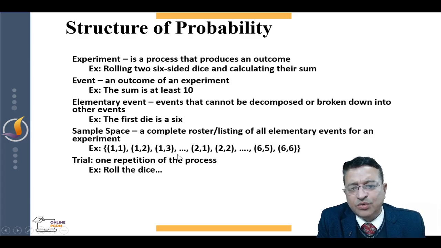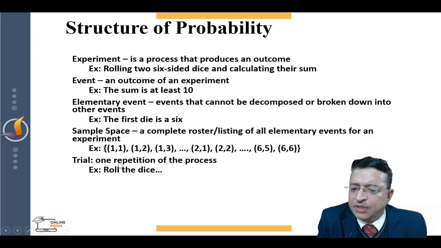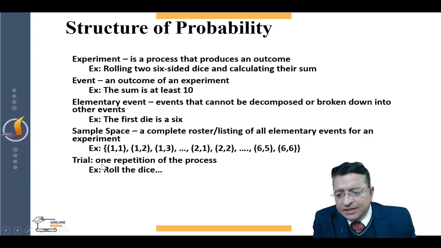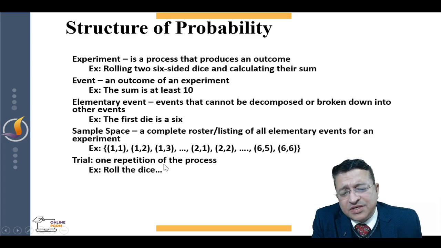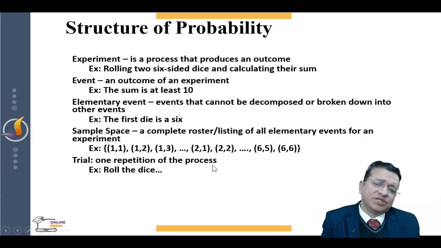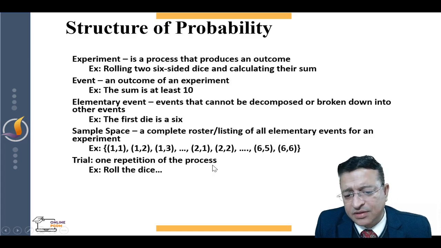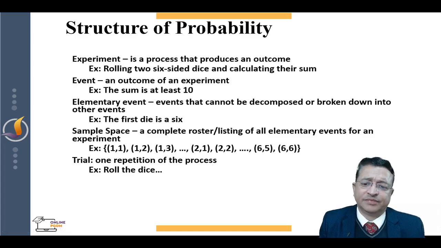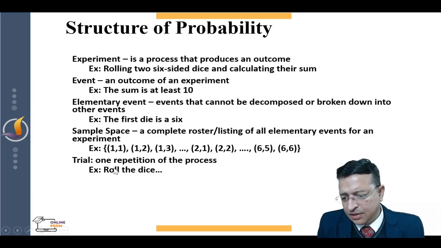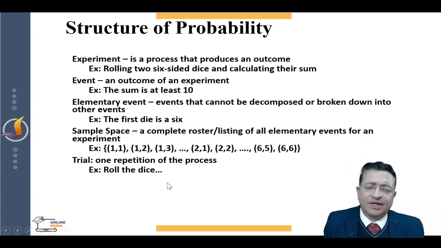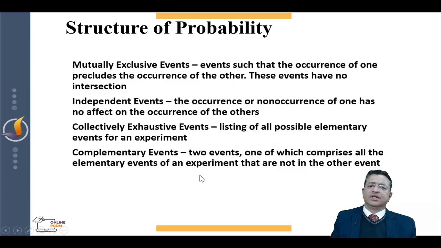That complete roster is nothing but your sample space. Then trial: one repetition of the process. Once you repeat this process, that one repetition is a trial. Like when you roll the dice, that can be considered a trial.